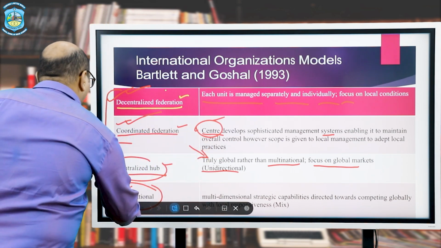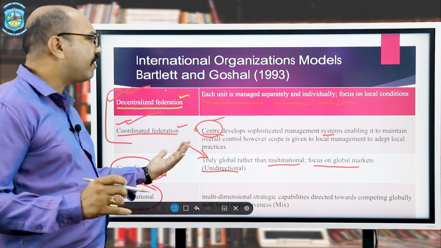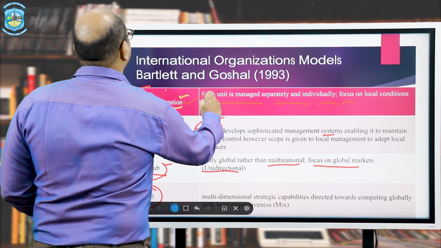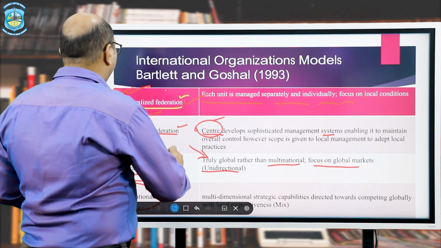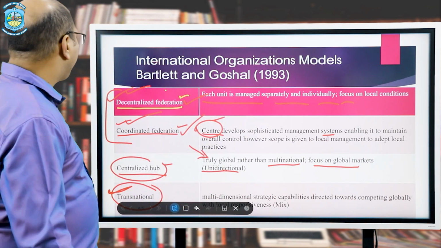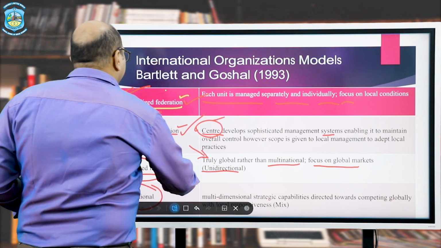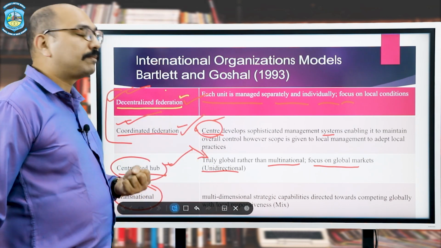And the last one is transnational. It means it's a mix of all three. Wherever there is a requirement, you will adopt decentralization. Wherever there is a requirement, you will adopt as an HR manager the coordinated federation. At the same time, whenever there is a need, you can be strict and adopt a very controlling kind of HR practice.